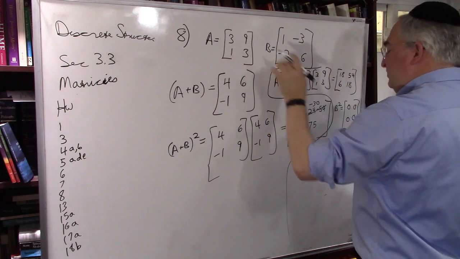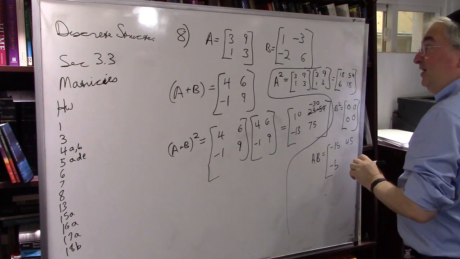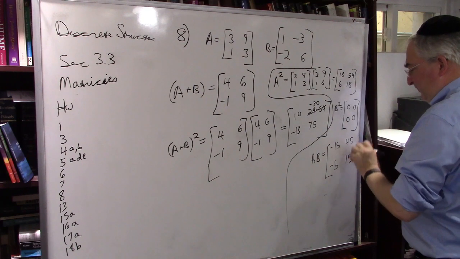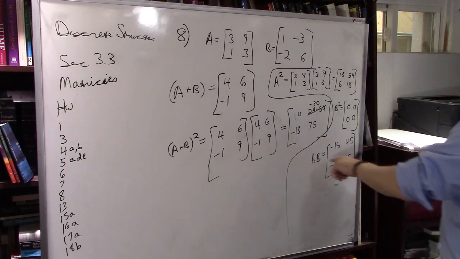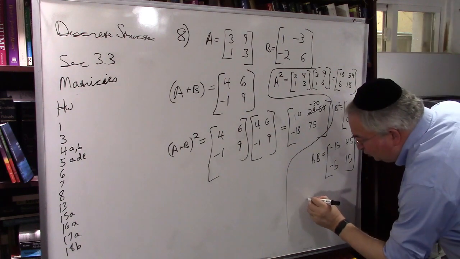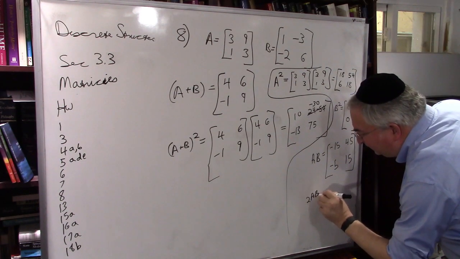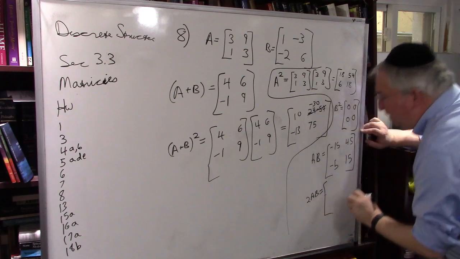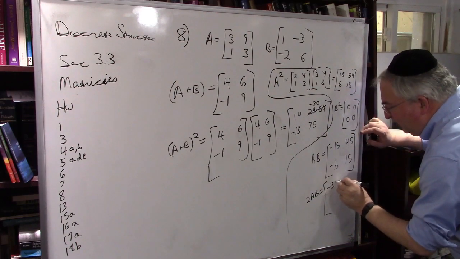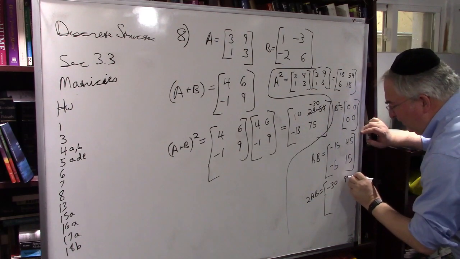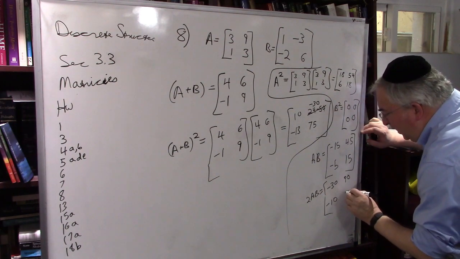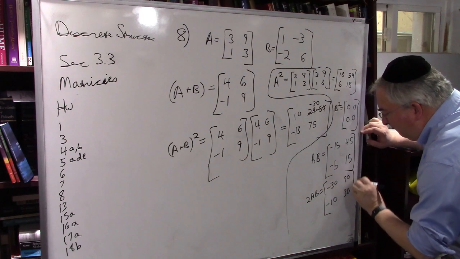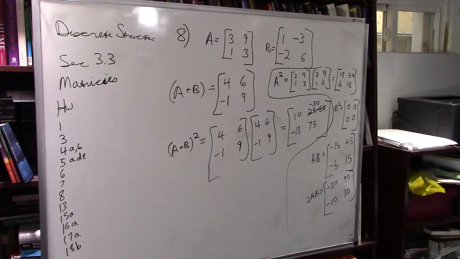Minus 3 plus 18 is 15. I think that's what we got last time. Okay, great. But we don't want AB, we want 2AB. So we just double every element here. So it's minus 30, 90, minus 10, and this is 30.